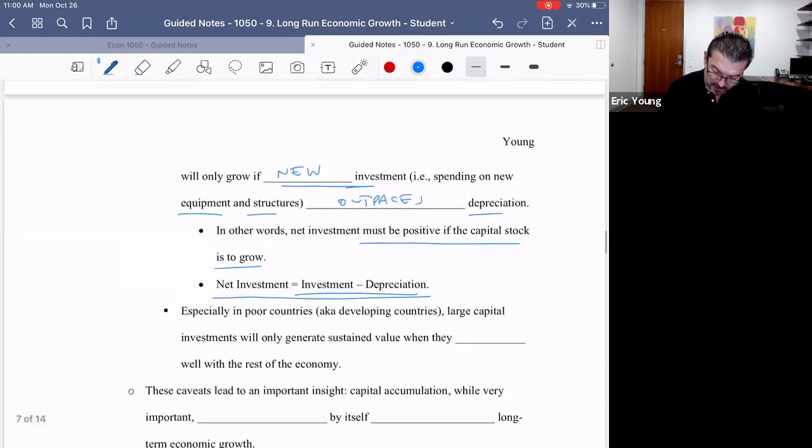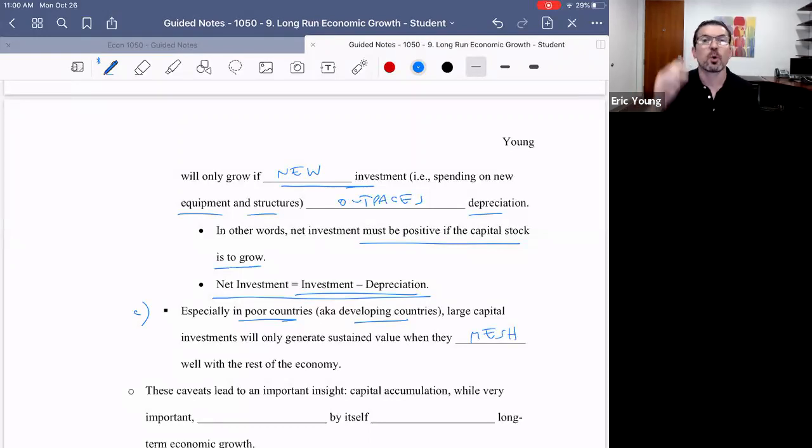There's one more caveat. So we talked about the idea of the capital stock and diminishing returns. We know there's depreciation. There's one more caveat that's really applicable to poor countries, which are also called developing countries. And this is that large capital investments will really only generate value if they mesh well with the rest of the economy.